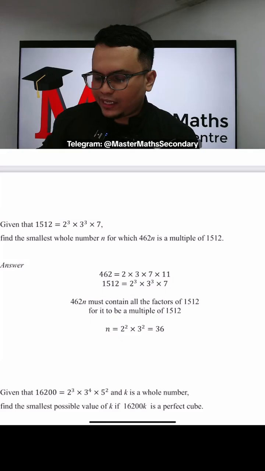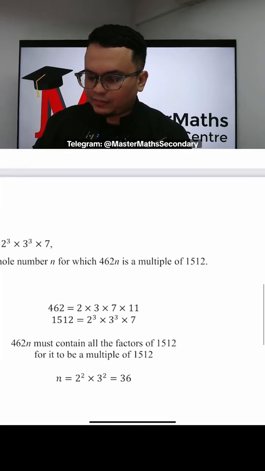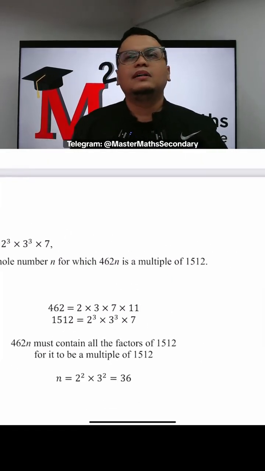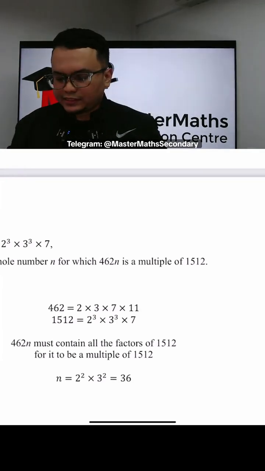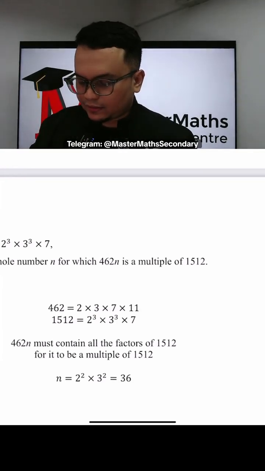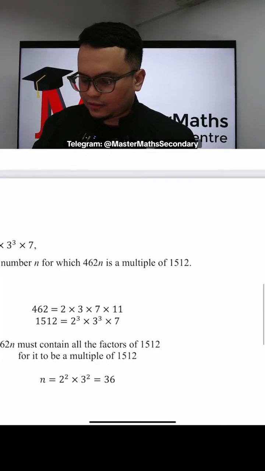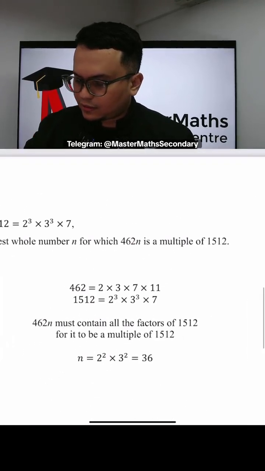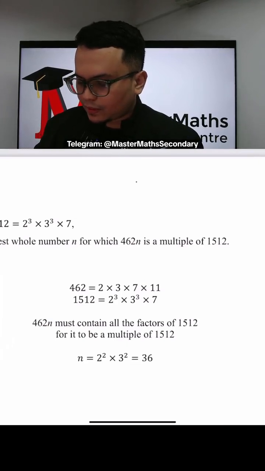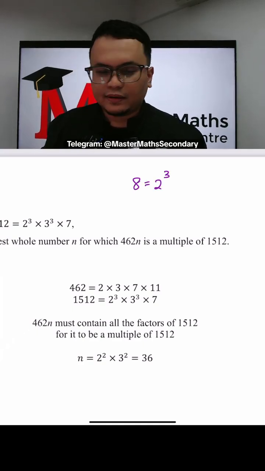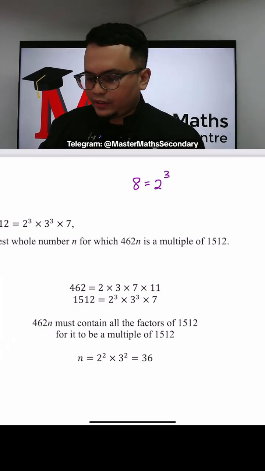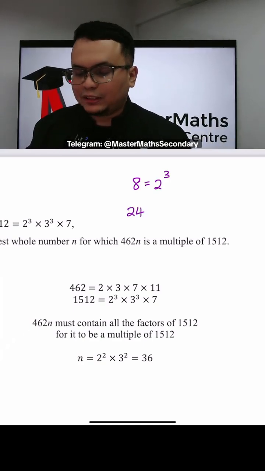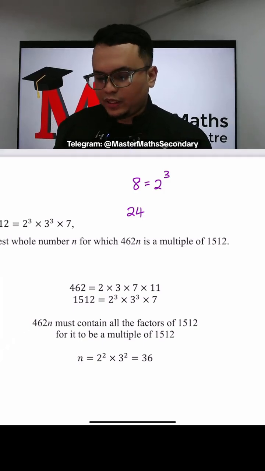Let me give you an example. Let's talk about the number 8. Now 8 is actually 2 to the power of 3, and we all know that 24 is a multiple of 8.